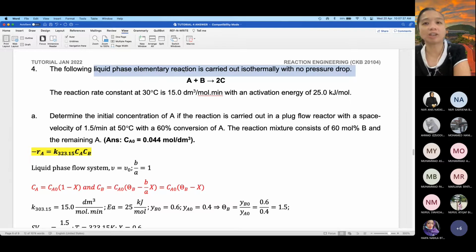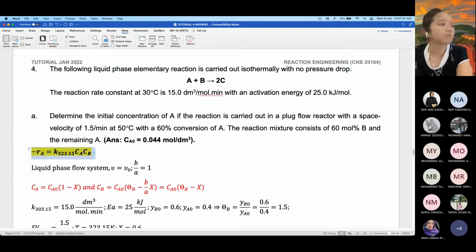So kalau elementary reaction, kamu dah boleh straight away tulis dia punya rate law. Okay, so that really helps you bila kamu dah boleh tulis rate law dia. So contoh case ni, dia beritahu elementary.